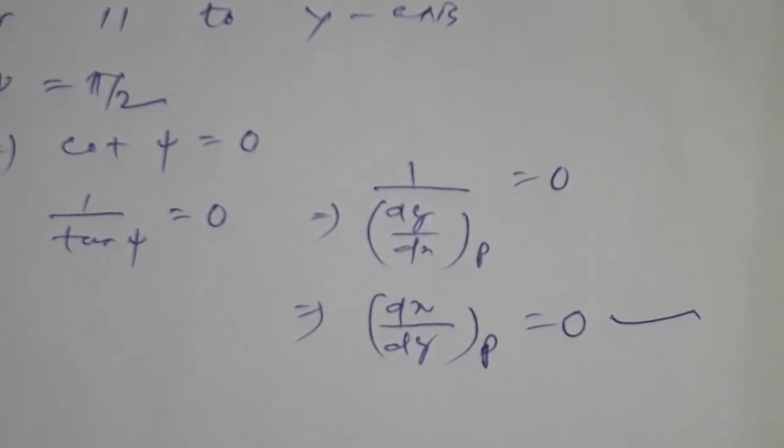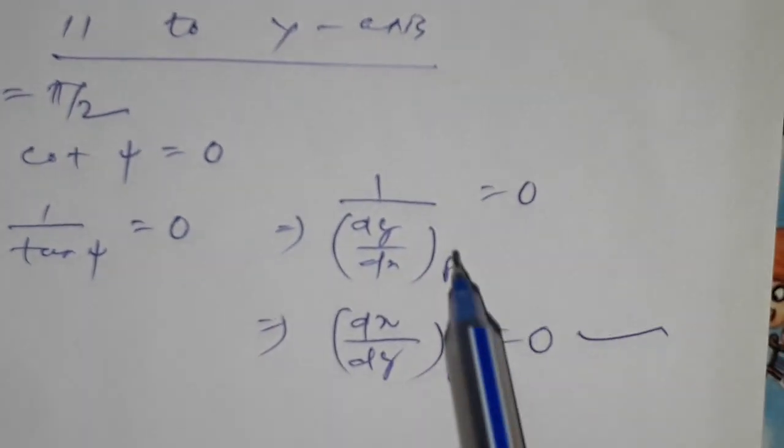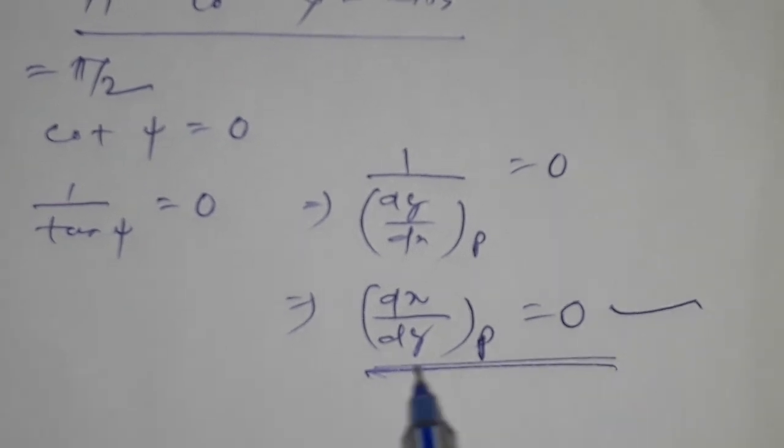If the tangent at P is perpendicular to the x-axis or parallel to the y-axis, then dx/dy at P equals 0.